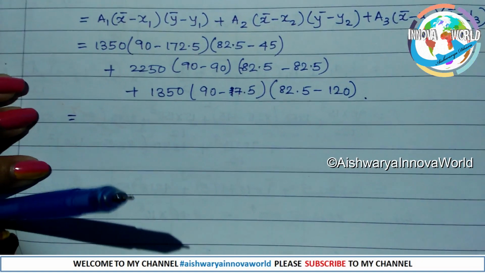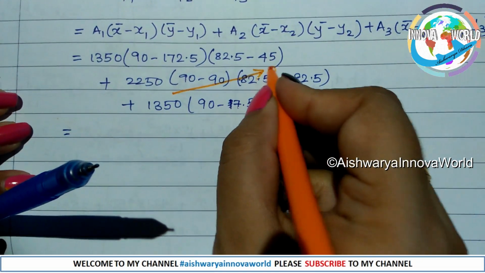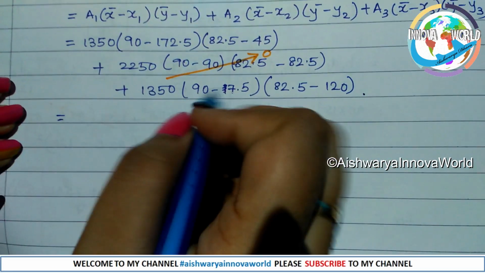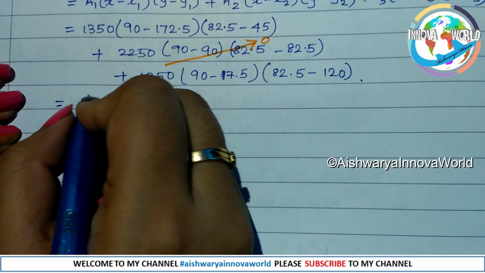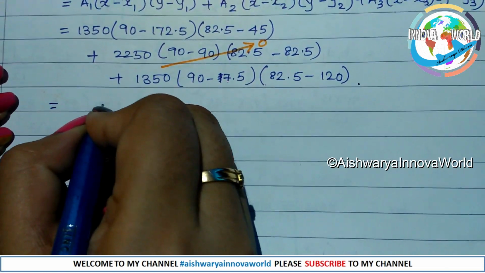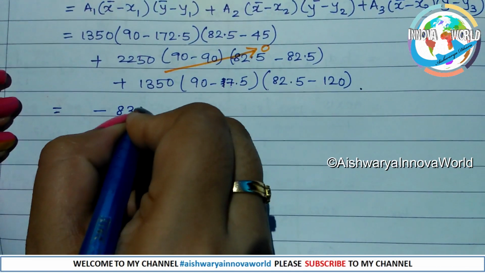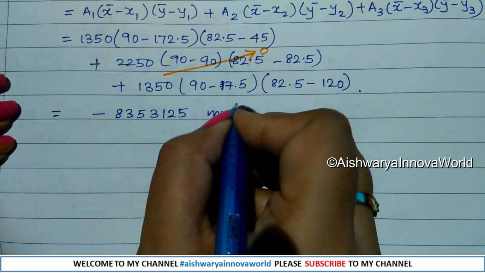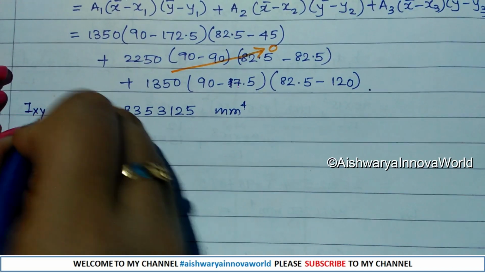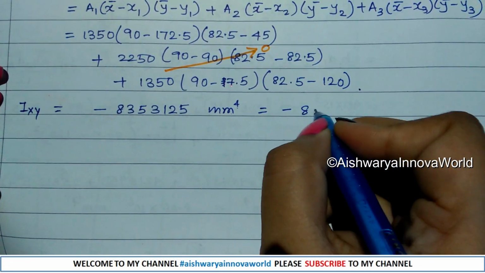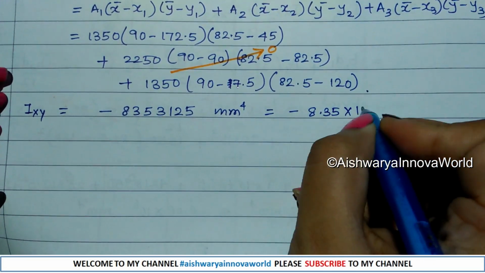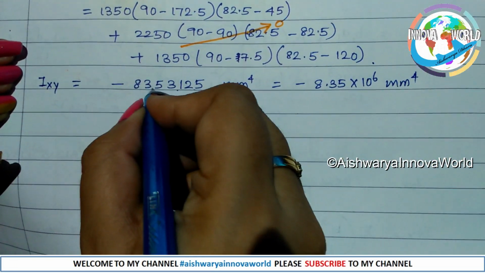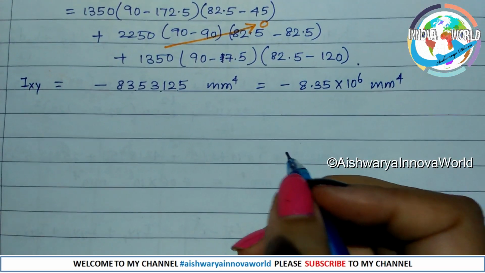See, again, the middle term will be 0. If you solve this in the calculator, you get something minus 8353125 mm power 4. That is Ixy. If you round it, it is minus 3.35 into 10 power 6 mm power 4, with 6 decimal places.